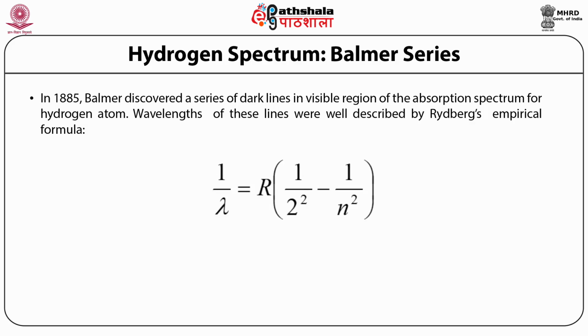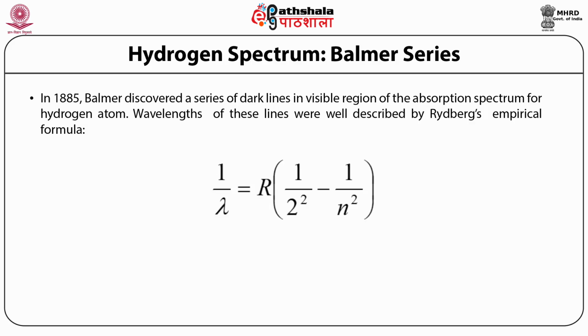He was playing with the various lines which occur in the visible region of the absorption spectrum of the hydrogen atom, and he found that there are certain wavelengths which are missing, and the wavelengths of these missing lines could be calculated by what is known as Rydberg's formula.